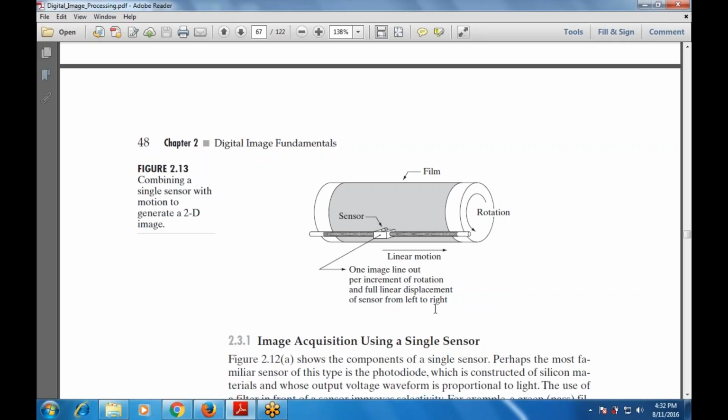There is a sensor, film rotation, and one image line out per increment of the rotation, with the full linear displacement of the sensor from left to right.